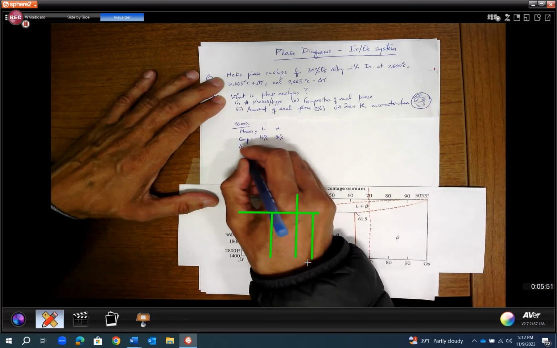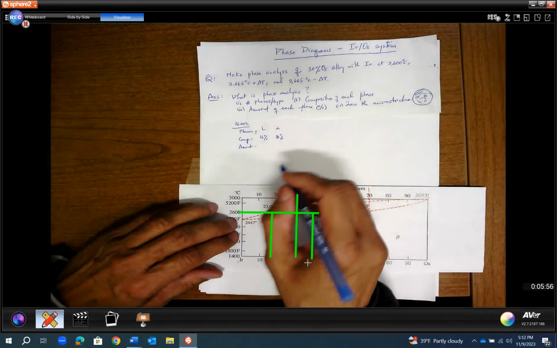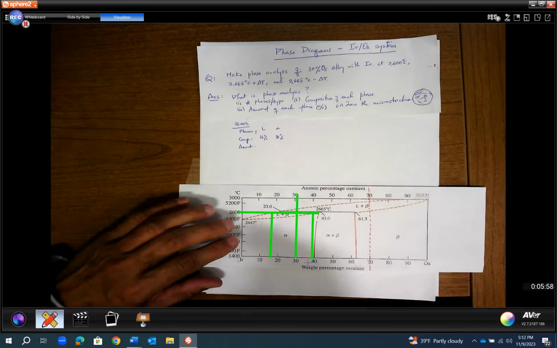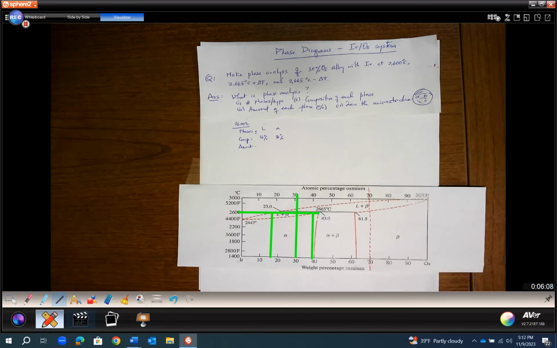Amount is what? The lever rule. Use the lever rule. If you want to calculate the amount on the liquid side, what you do is you look at the opposite side. Remember, that's important to know.